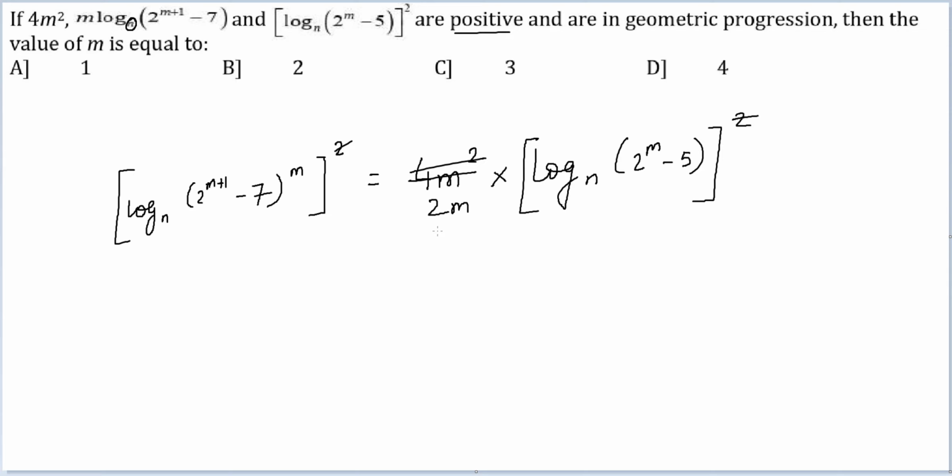What else can I do? So I can write this as 2m log base n of 2 raised to the power m plus 1 minus 7 is equal to log base n raised to the power 2m.